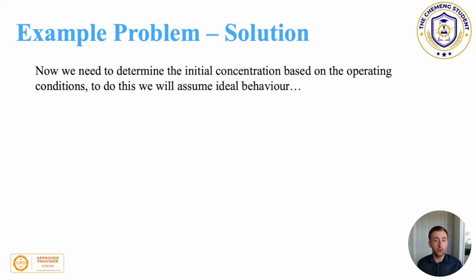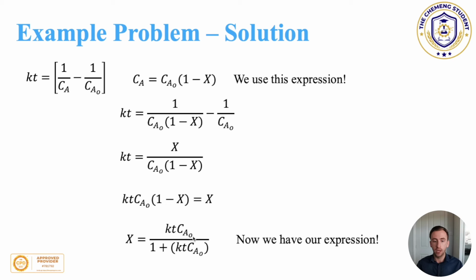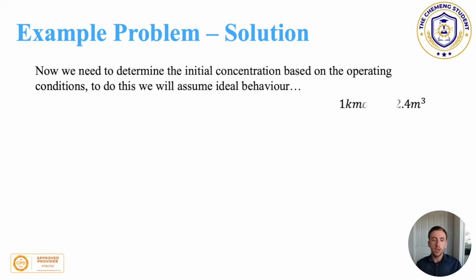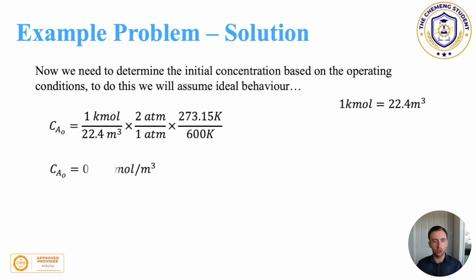Now what we need to do first is determine our initial concentration. We don't know that. Sometimes we're provided that in the question, other times we aren't. We were provided other pieces of information. So what we need to do here is, because we have a gaseous system, we can use the ideal gas law.